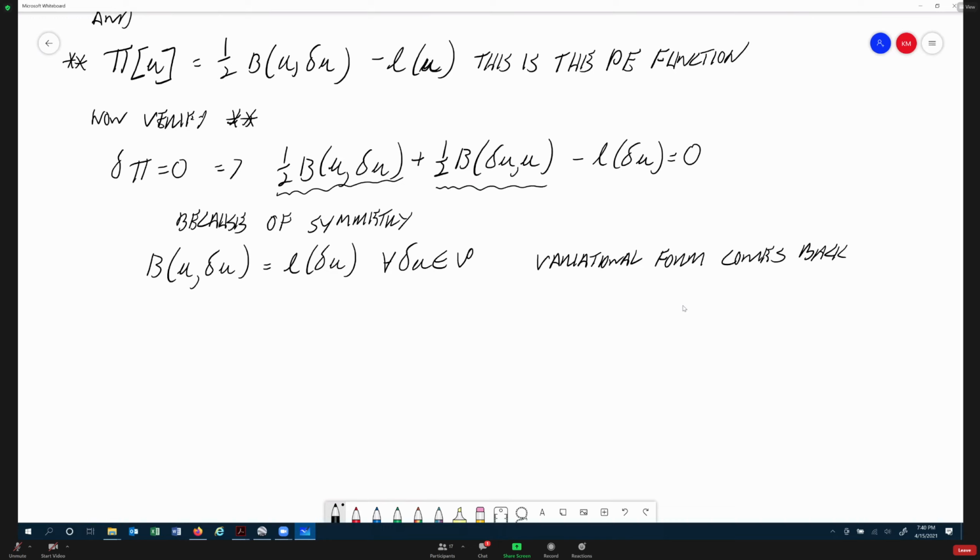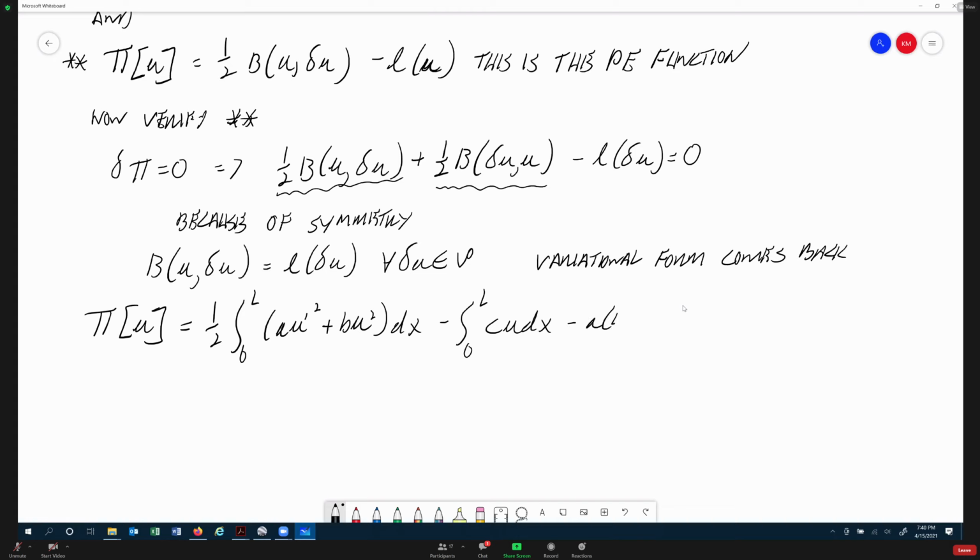So writing it out all over again: 1/2 integral from 0 to L of (A u prime squared plus b u squared) dx, minus the integral from 0 to L of c u dx, minus a L u(L).